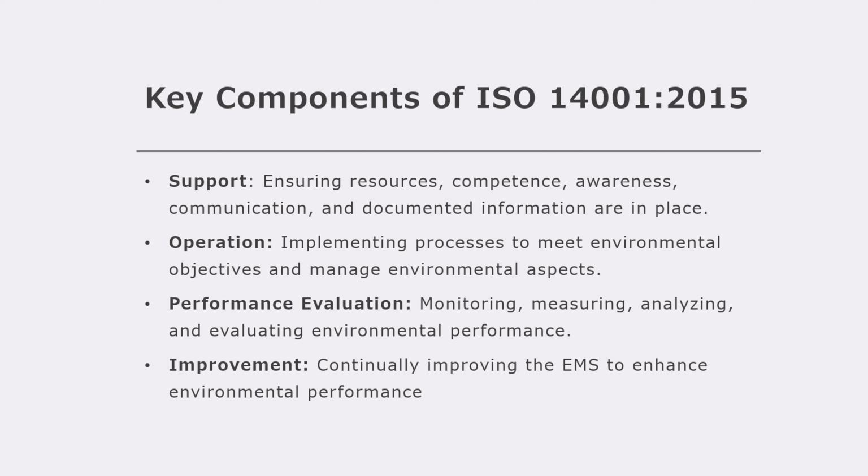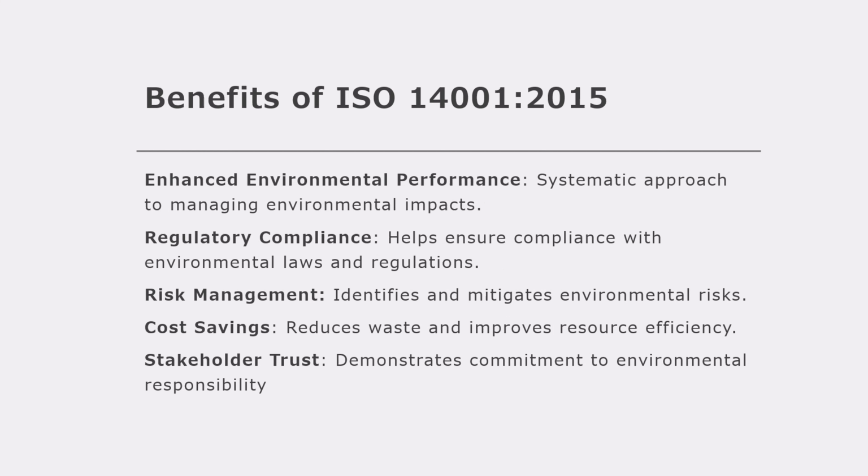The next is improvement, continuous improvement within the EMS requirements to enhance their environmental performance. Here, the company identifies opportunities for improvement through audits and management reviews. They also implement corrective actions to address non-conformities and continually enhance their environmental management system.